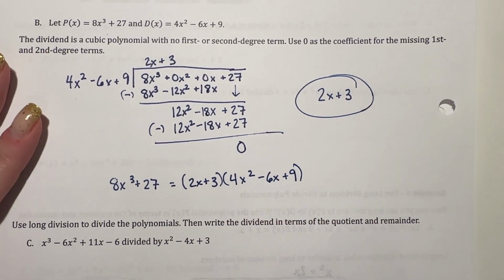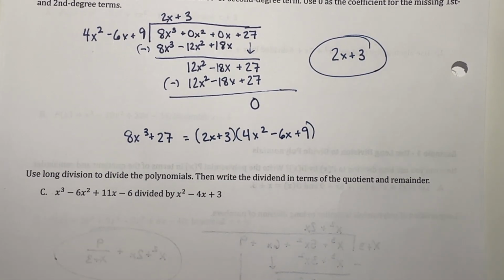You may have heard this expression before: if you don't have a remainder, that means it divided evenly into your problem. And you're absolutely right. Let's try one more long division problem together.